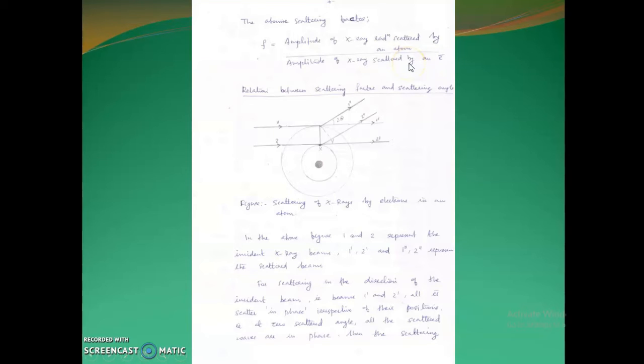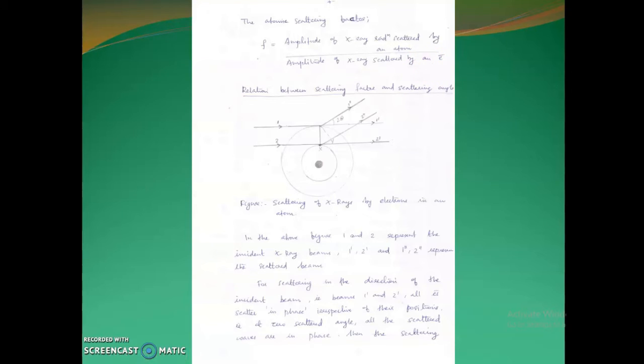When we consider scattering from an atom, we have to consider scattering by all the electrons present in that atom. So the scattering factor is proportional to the atomic number of that atom, or number of electrons present in that atom, and it is defined as the ratio between the amplitude of X-ray radiation scattered by the atom divided by amplitude of X-ray scattered by a single electron.